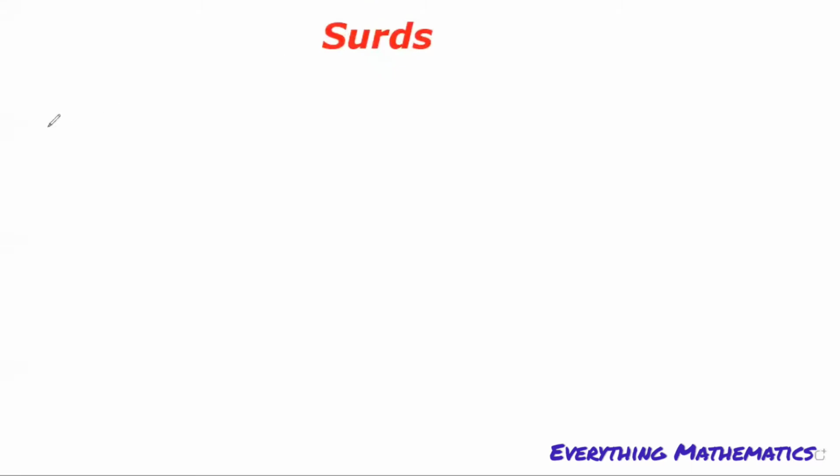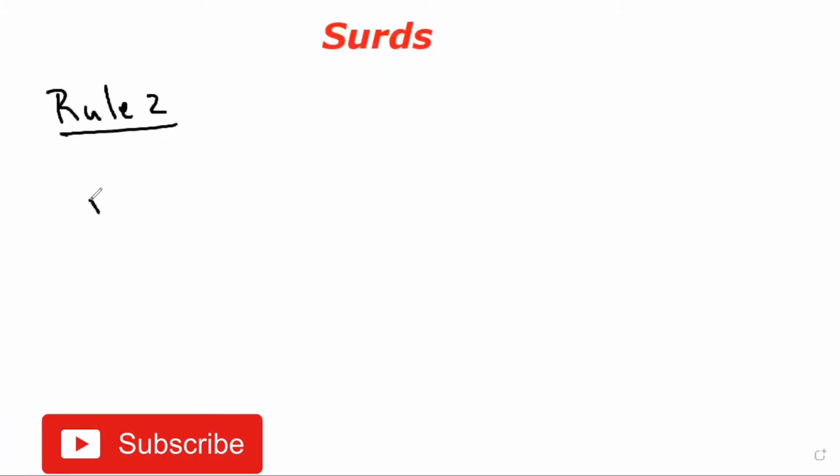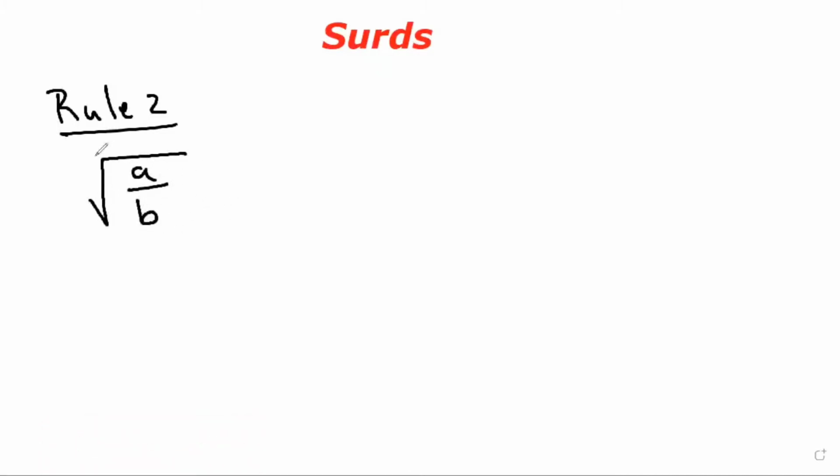Today we want to focus on rule 2. So what does rule 2 say? Let's look at rule 2. Rule 2 states that if you have the square root of a rational, of a fraction, right? If you have the square root of an entire rational, rule 2 allows you to separate it.